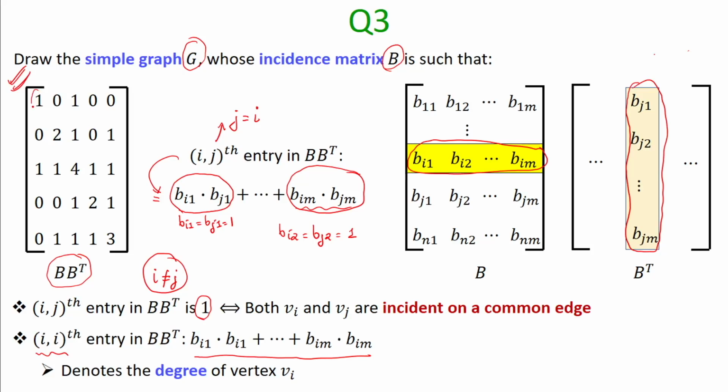Your graph G is such that the degree of vertex 1 is 1, the degree of vertex 2 is 2, the degree of vertex 3 is 4, the degree of vertex 4 is 2, and the degree of vertex 5 is 3. And the endpoints of each edge are also available by focusing on the i, jth entry in this matrix where i and j are distinct. So this is how you can get back all the information about your unknown graph from the product matrix B times B transpose.